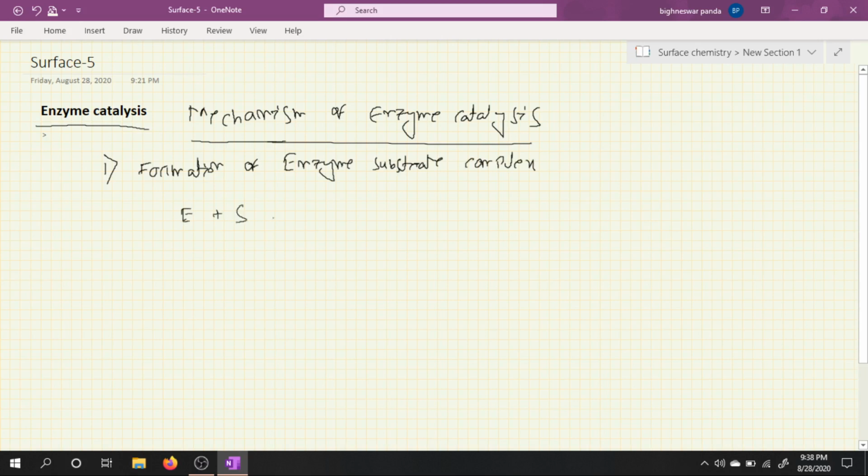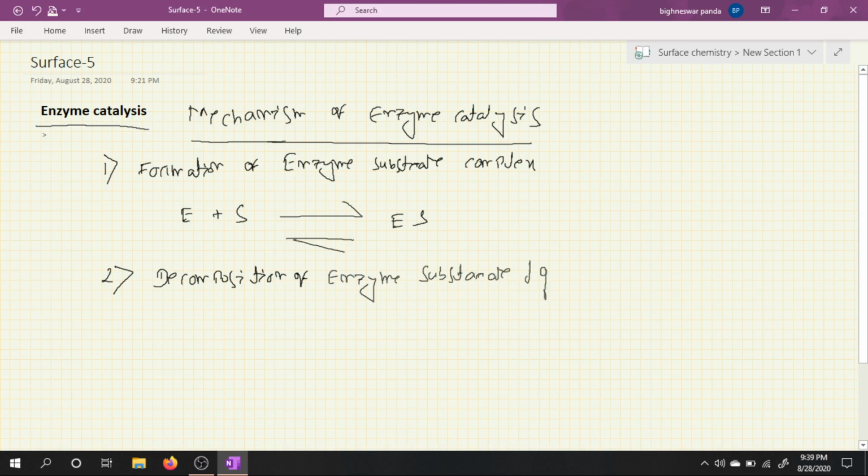The second step is decomposition of the enzyme substrate complex to the product.